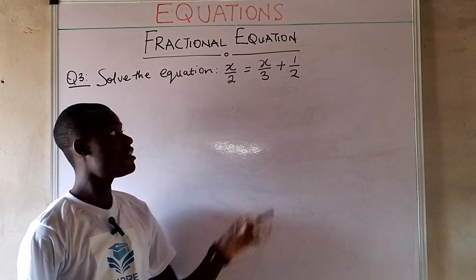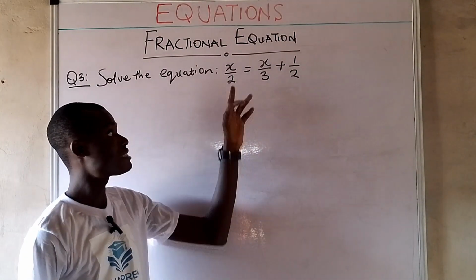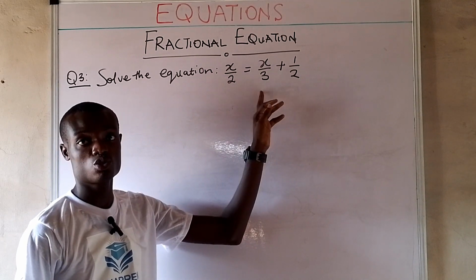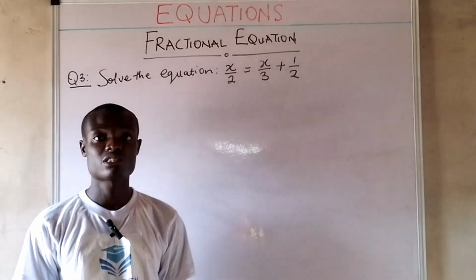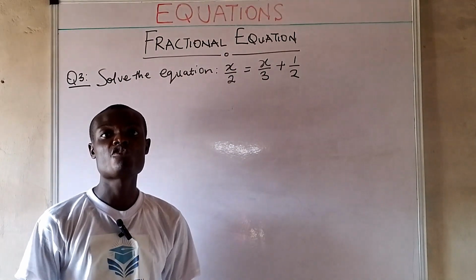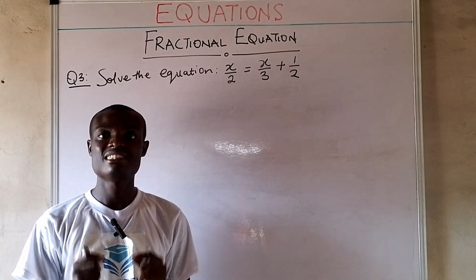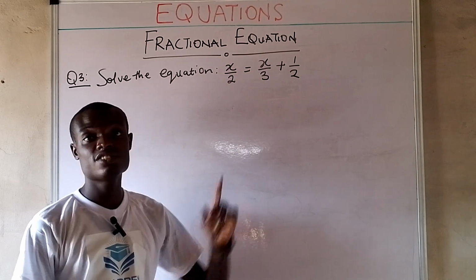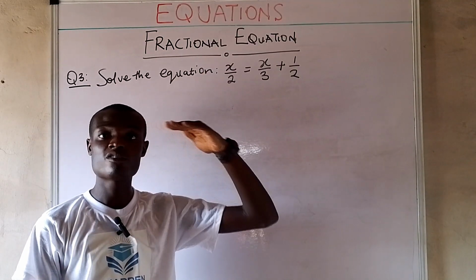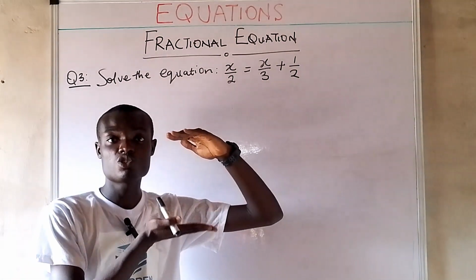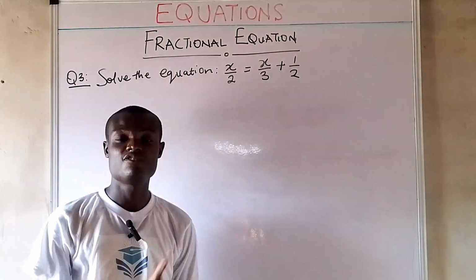When we have a fractional equation, and on one side we have two different fractions connected by the addition sign or the subtraction sign, the first thing you have to do is to find a common denominator. In this video we talked about the concept of numerator, which is the number above the division line, and denominator, which is the number beneath the division line.